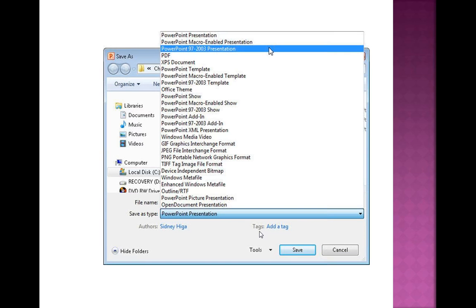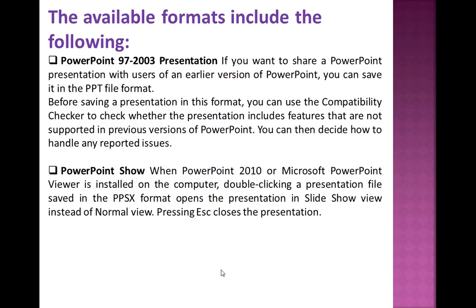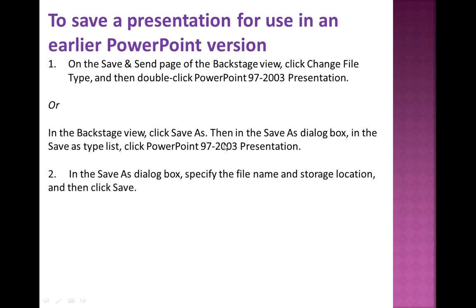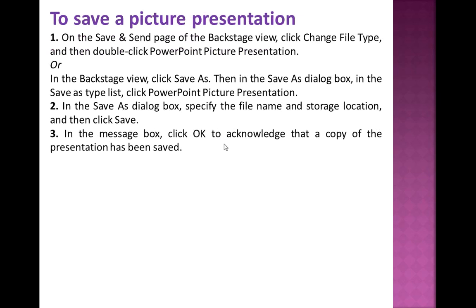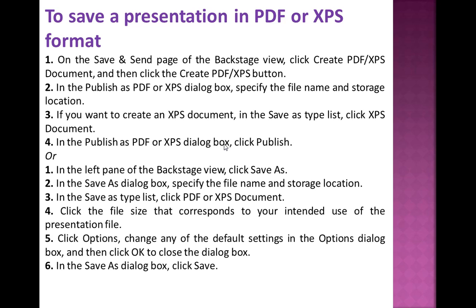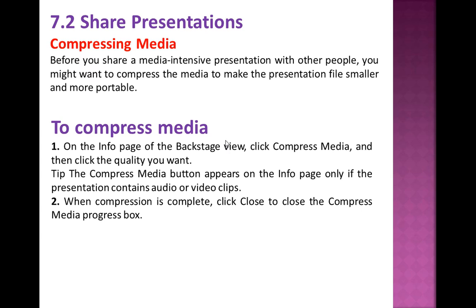This chapter contains 4 parts, starting with 7.1 saving the presentation. There are different available formats, how to save the presentation, how to save a picture presentation, and how to save a presentation in PDF or XPS format, so there are multiple formats.